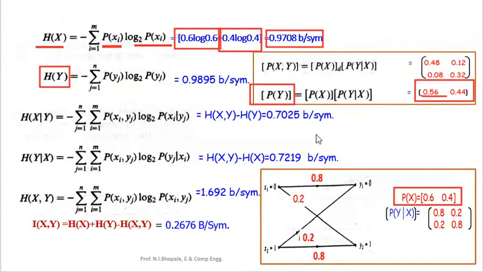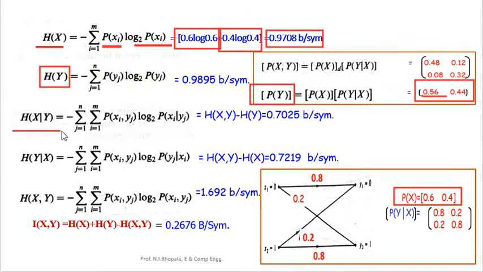This can be written as 0.56 log of 1 upon 0.56 to the base 2 plus 0.44 log 1 upon 0.44 to the base 2. By solving it, we get 0.9895 bits per symbol. Try it on your own so that you understand what is actually happening there.